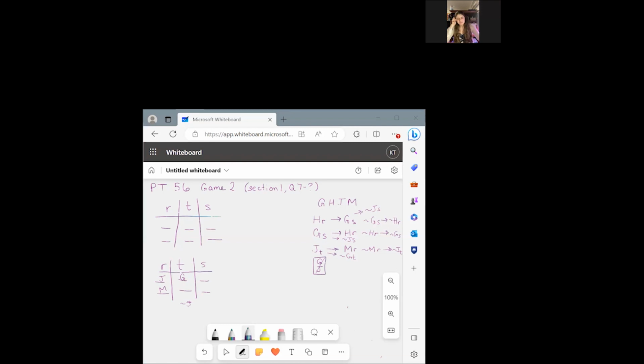So not that we can tell, because it's not in T, so it doesn't trigger this one here. So we're kind of left there. So let's check and see if what we've figured out gives us the answer. And if not, then we might have to test some things.